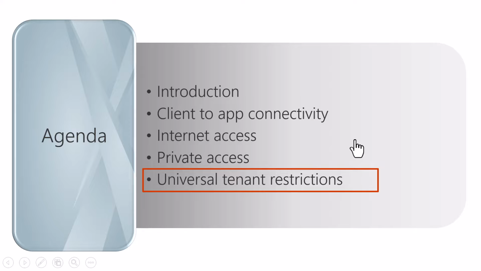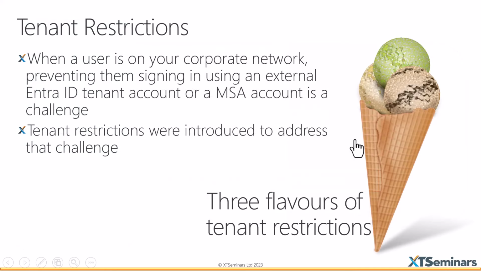Our next thing to do is to look at universal tenant restrictions. When a user is on your corporate network, preventing them signing in using an external Entra ID tenant account or an MSA account is a challenge. The reason being is you might have genuine users that need to sign in to a tenant, and that's your tenant, right?